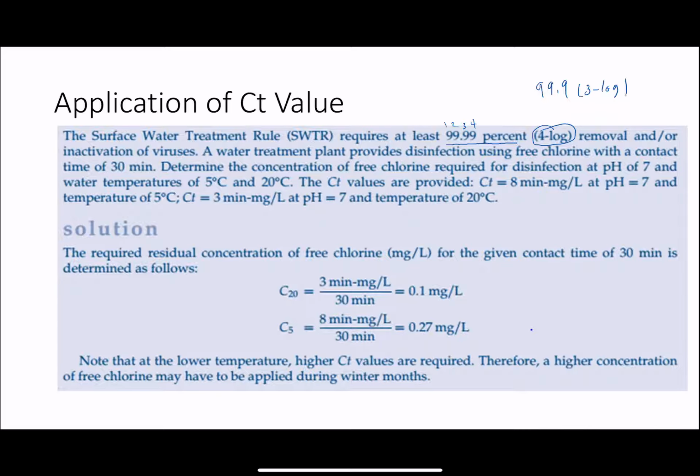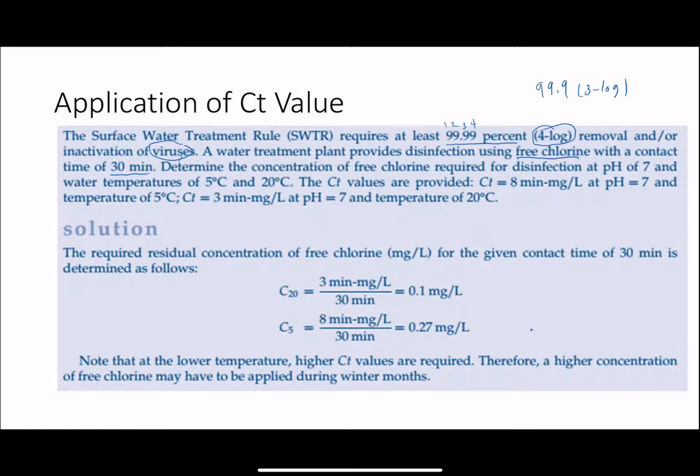For inactivation of viruses, a water treatment plant provides disinfection using free chlorine with a contact time of 30 minutes. Contact time means the meeting time of the chlorine disinfectant and the water with the pathogens. Now we are doing virus removal.